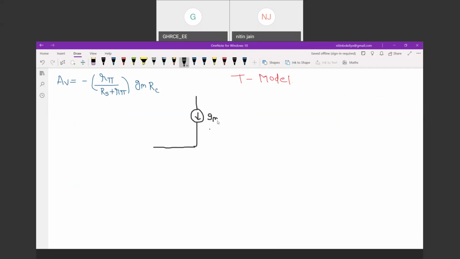This is gm into VBE. Then this is our collector terminal. This is our base terminal. And this is our RE, plus minus VBE.